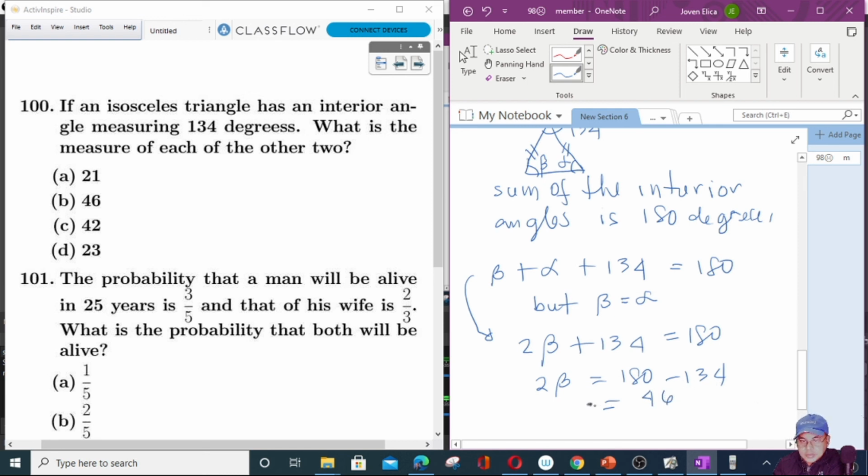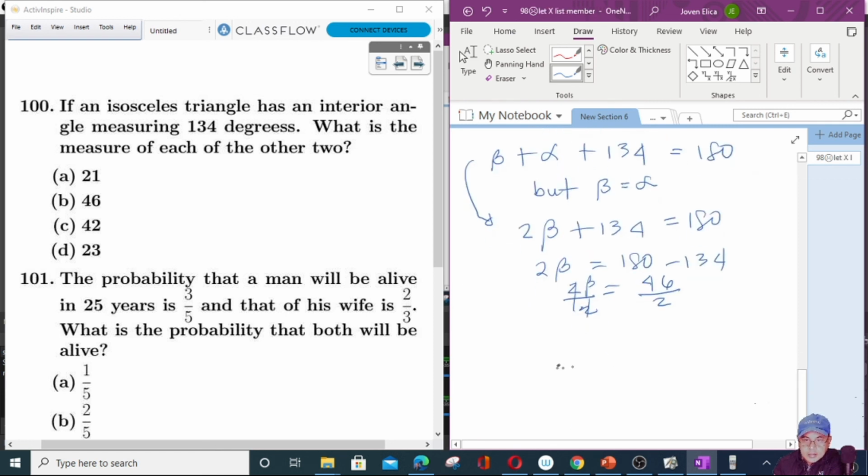Divide by 2, and the measure of angle beta, the other interior angle, is equal to 23 degrees, which is also equal to the value of alpha, because this is an isosceles triangle. The answer is letter D.